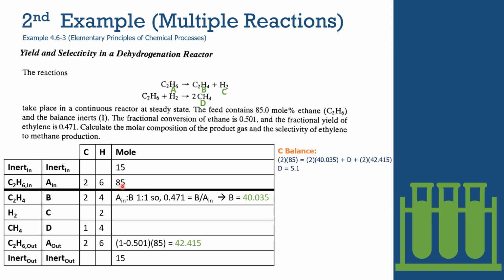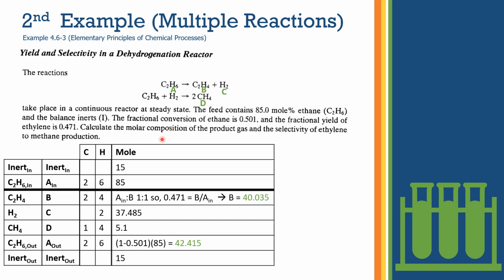2 multiplied by 85 equals, because we reach the boundary line of input and output, 2 multiplied by 40 plus 1 D plus 2 multiplied by 42, and we get D. So now we have just one unknown for the hydrogen, so it can also be solved. We have now all the information about the moles of the feed and the products.